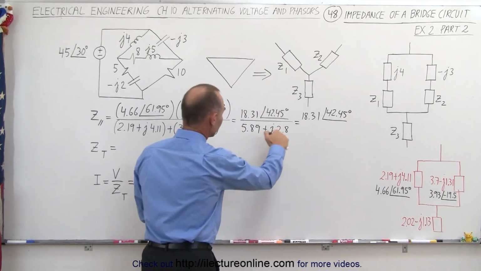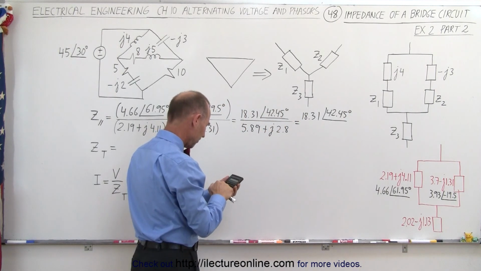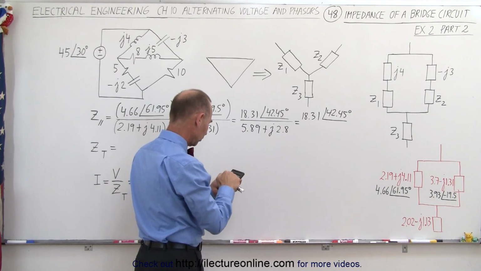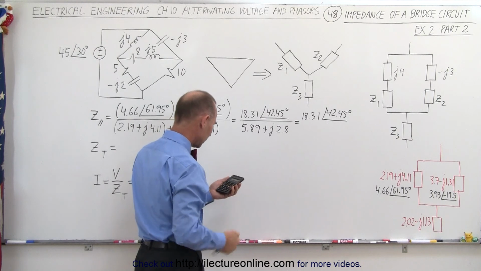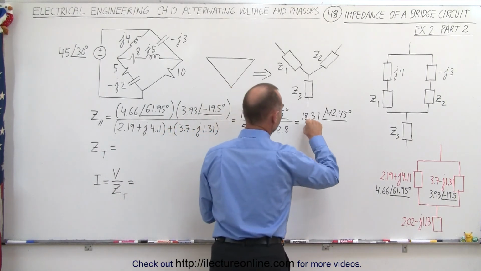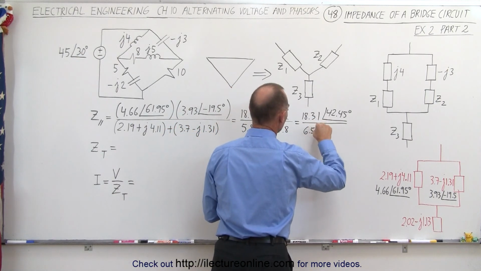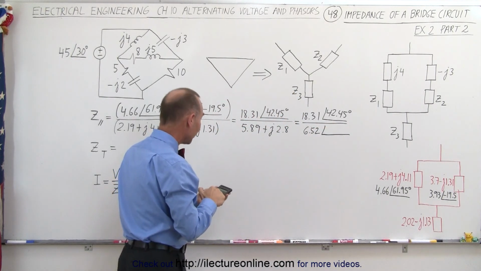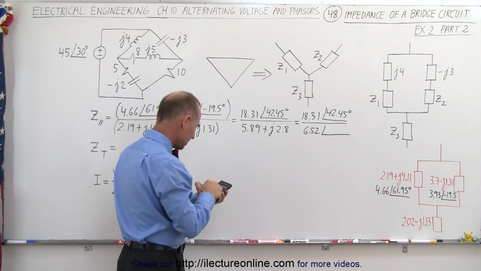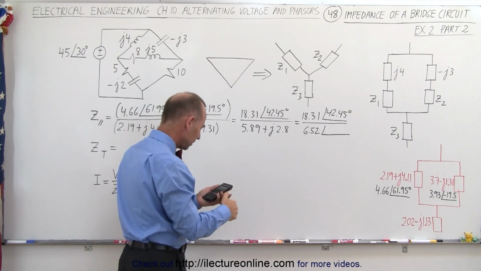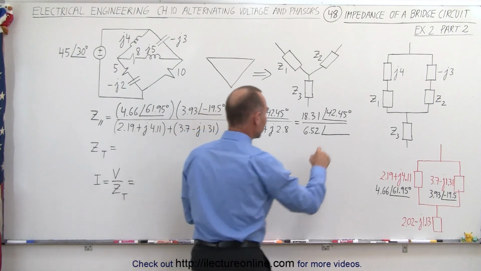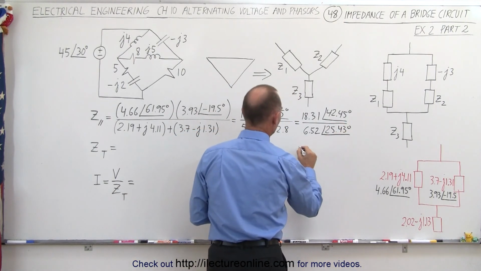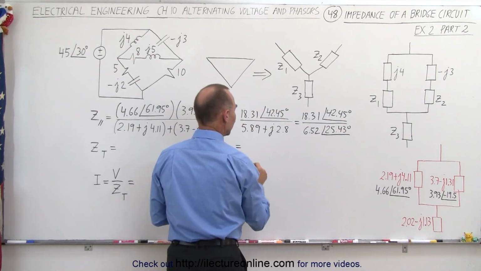And now the magnitude of this, that would be 5.89 squared plus 2.8 squared, take the square root of that, gives us 6.52, with a phase angle of 2.8 divided by 5.89, take the inverse tangent, it gives us 25.43 degrees.